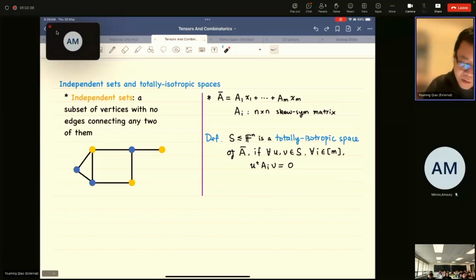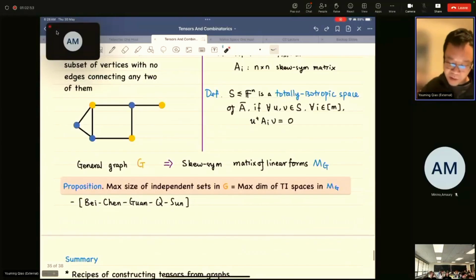The last one is about independent sets and the so-called totally isotropic spaces. Here I basically introduce what independent sets are, what totally isotropic spaces are. They're both very classical. And you can also have a connection like this, namely, you still go from the general graph G to the skew-symmetric matrix of linear forms MG.